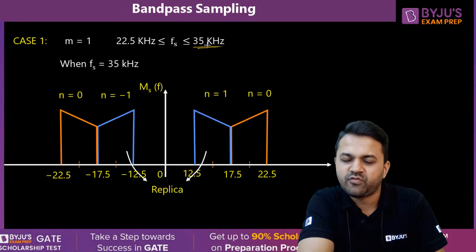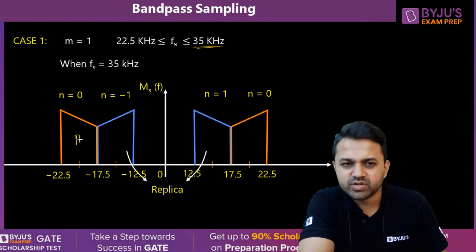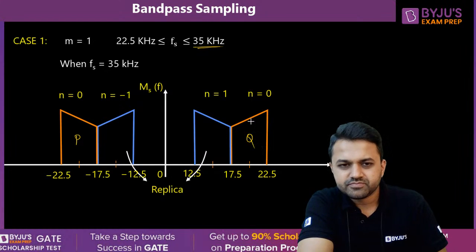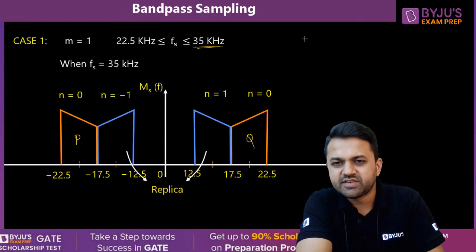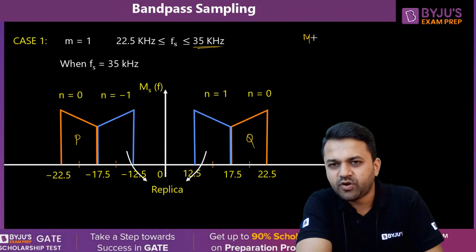Suppose I go for the higher side. When I take fs equal to 35 and shift it, we know that it will be shifted because of this formula, summation over n of M(f minus n fs).